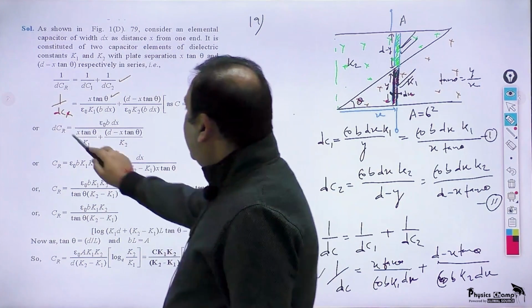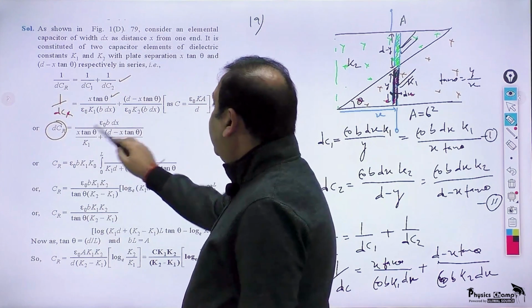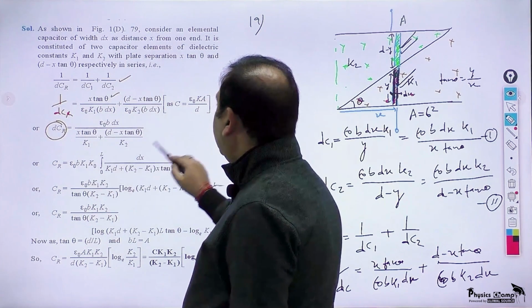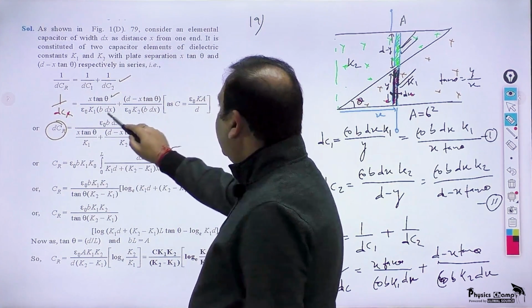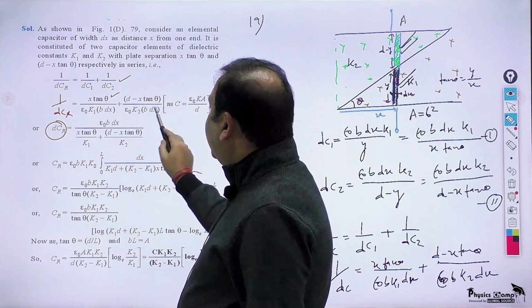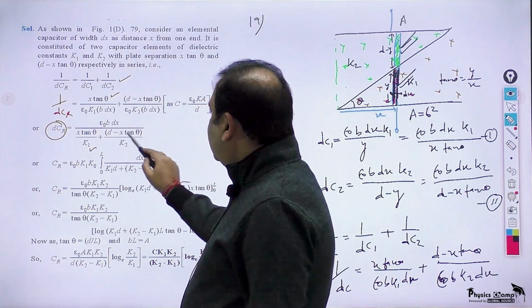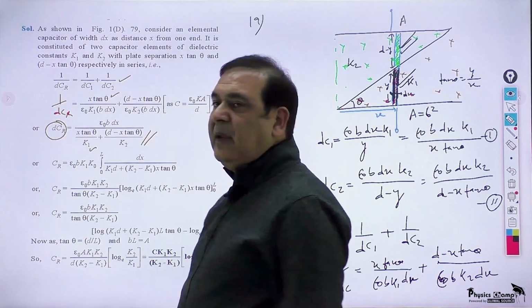And if we are looking for dC, I will just explain here, dC will be just the reverse of it. So reversing it, dC will be epsilon naught b dx, which will be common, and then x tan theta by K1 plus d minus x tan theta by K2.